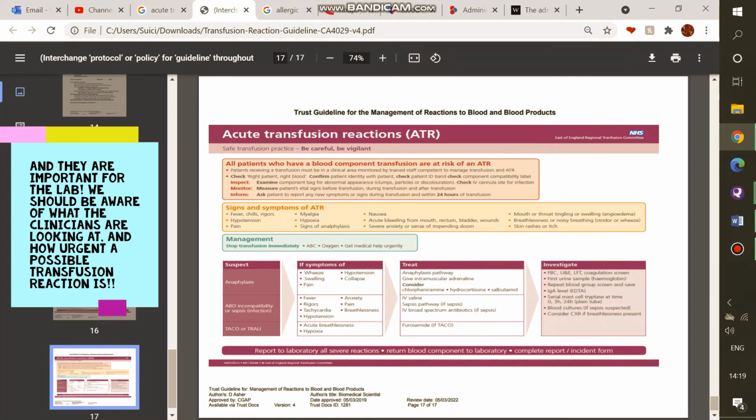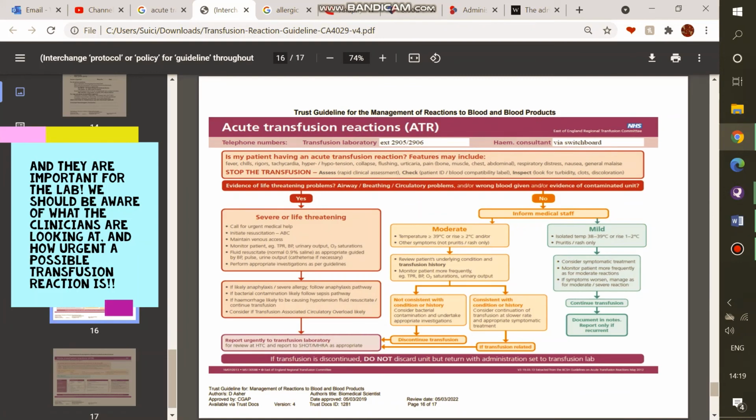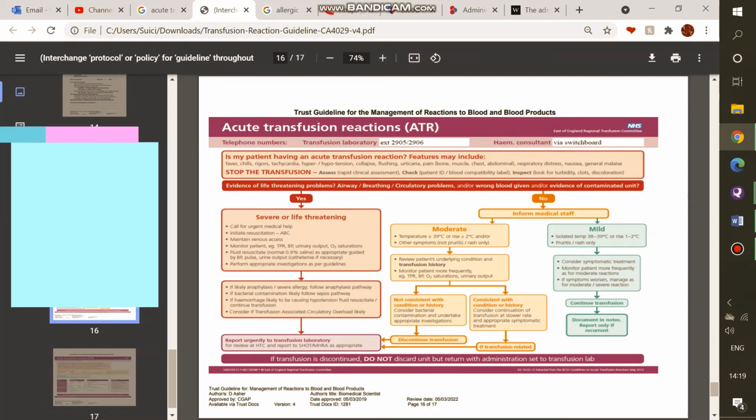You normally have something there to give you an overview of what you would expect from different acute transfusion reactions, and then you will also have a sort of flowchart where you're having a look at what is a mild, a moderate, and a severe transfusion reaction, whether or not you should be continuing or stopping it. So it's important that you familiarize yourself with these documents.